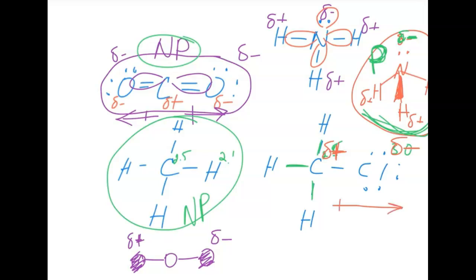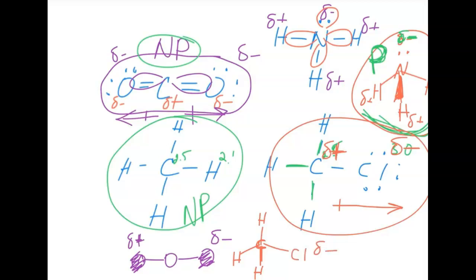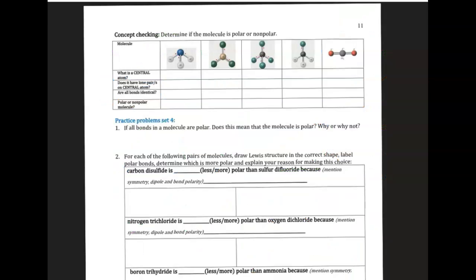Partial negative on chlorine and partial positive on carbon, and the electron density goes closer to chlorine. That gives us a polar molecule, a slightly polar molecule. So you see two molecules with the same tetrahedral shape, but the first one, methane, is non-polar because of the same type of non-polar bonds, and the second one is slightly polar.